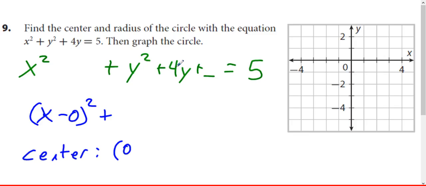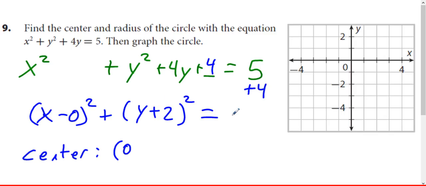So then we fill in the blanks for the y. Divide by 2 squared, you get 4. So you have to add 4 to the other side. And you get y plus 2 squared equals 9. So our center is 0, -2, and the radius is 3.